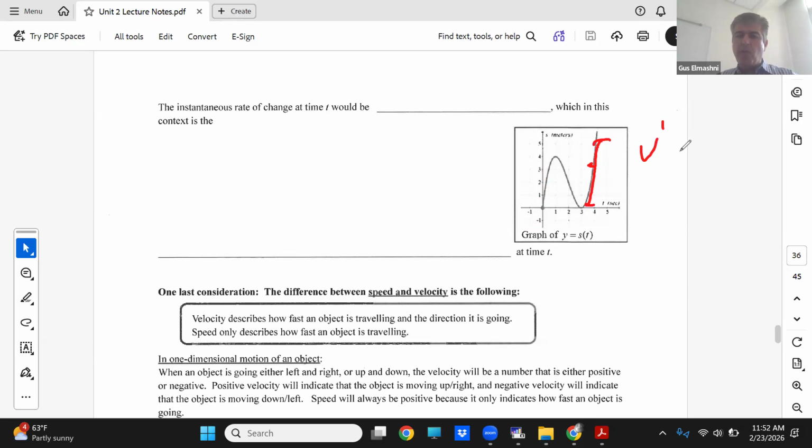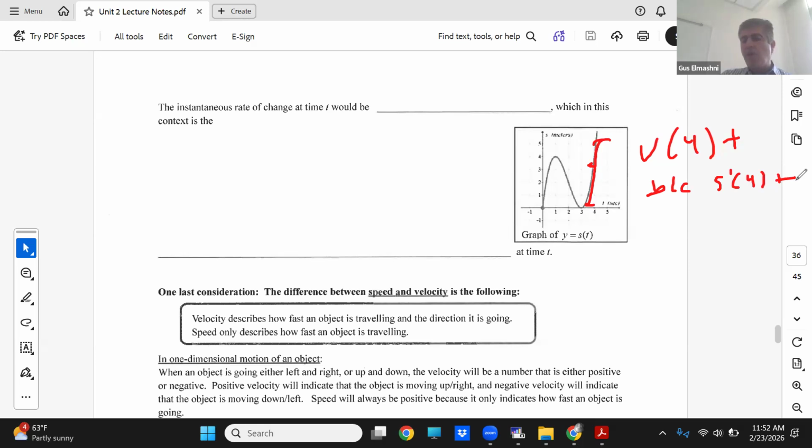It's pretty clear v prime 4 is positive, right? And my guess is that it's going to keep increasing. Sorry, I meant to put v of 4, not v prime 4. My apologies. I meant v of 4 is positive, because s prime 4 is positive since I have a positive slope there.